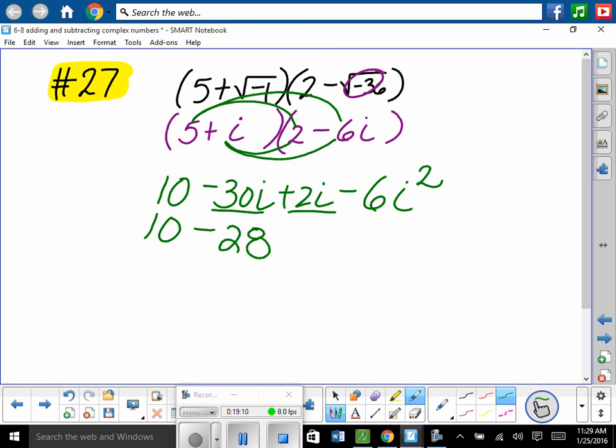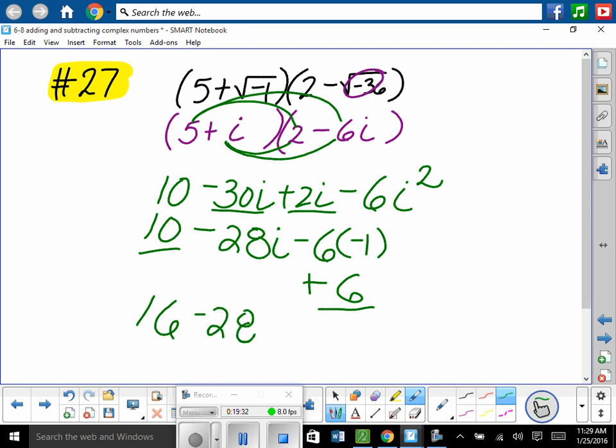Wait, 28. What's negative 30 plus 2? Negative 28. Negative 28i. And then I have negative 6 times i squared. So don't I really have negative 6 times negative 1? Which is positive 6, right? So then I'm going to combine my terms. 10 plus 6 is 16. So we have 16 minus 28i.